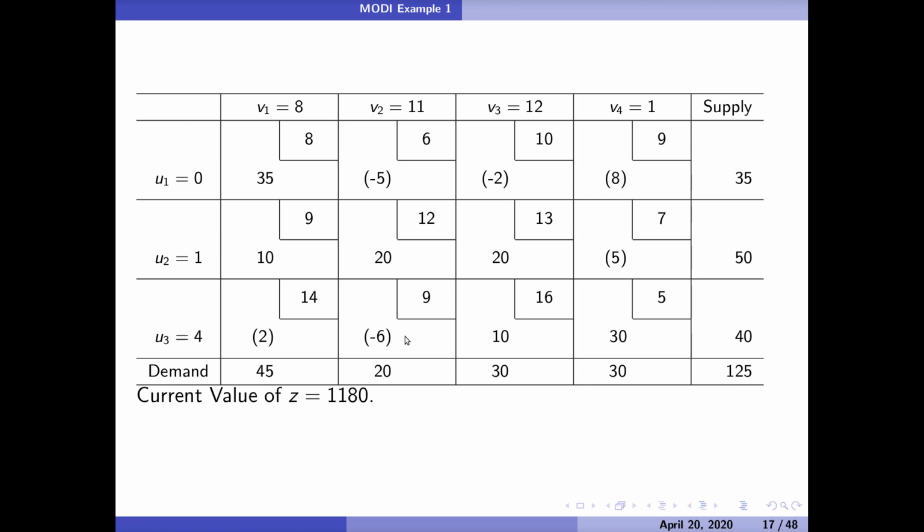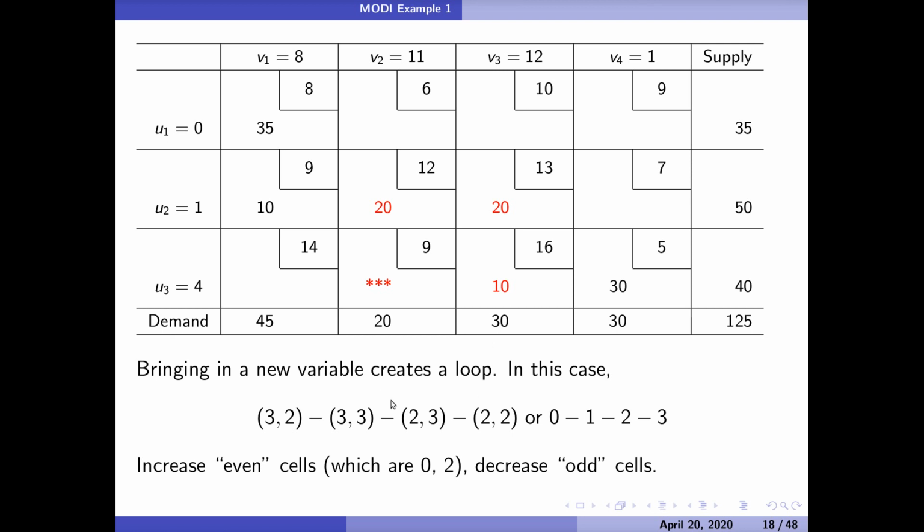If I want to pivot this one in, what happens is I have created a loop. I have the linear dependence here, right? And so if I add theta, for example, here, then I have to subtract theta and add theta and subtract theta in order to keep my problem balanced. And so we can see these three values. This creates a loop.